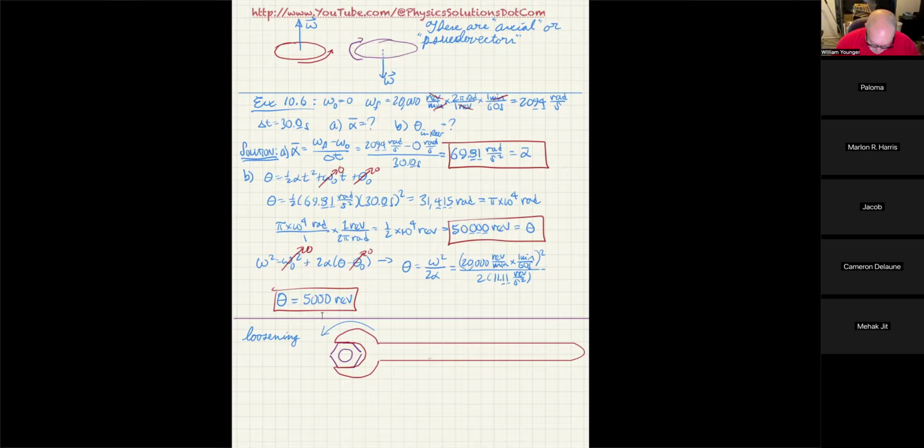Now, I want to think about the things that could matter in our ability to turn this nut off. So this nut could be so old and corroded that it's really, really hard to get loose. And this is a very common thing when you're working, for instance, on cars and boats and trucks, or lawn equipment or farm equipment, that sort of thing.